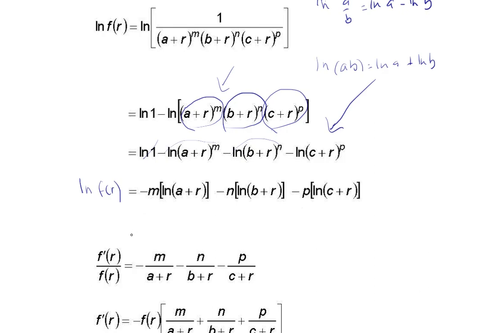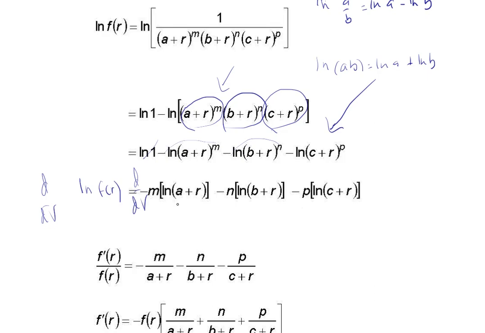And then we want to find f prime r. So we differentiate d/dr on both sides. If we differentiate f(r), we will get f prime r over f(r).